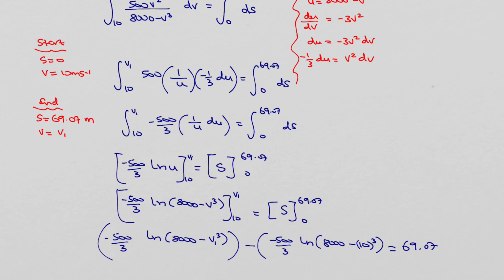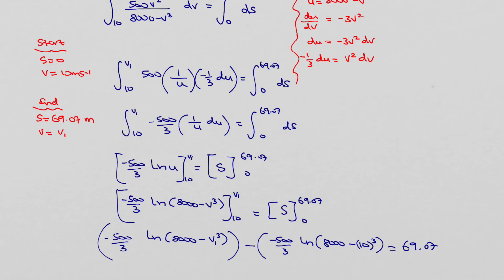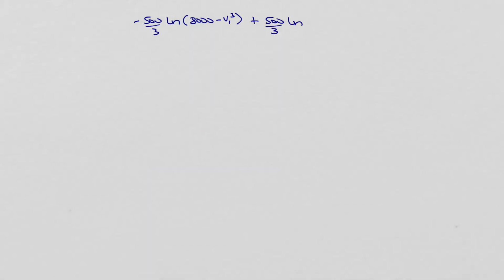So simplifying that then, we have minus 500 over 3 natural log of 8,000 minus v1 cubed, plus 500 over 3 natural log of 8,000 minus 1,000, so 7,000, is equal to 69.07. And then I can write that as one fraction.